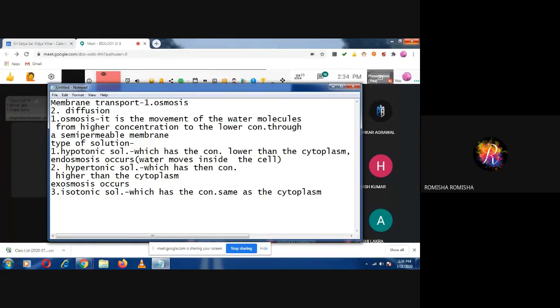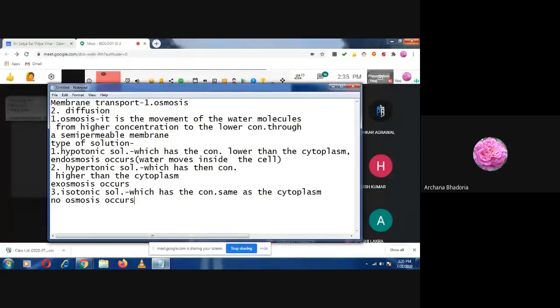No, ma'am. Remember, no movement of water. Okay, so you can write down no osmosis occurs. Is it very clear? क्योंकि दोनों तरफ बराबर है, so there will be no movement.